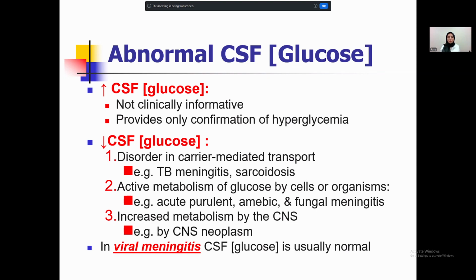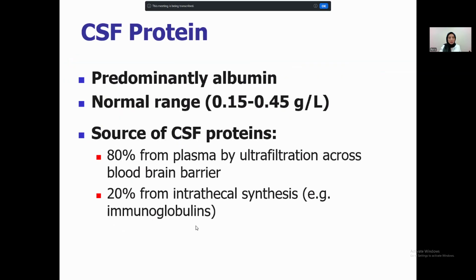All of them will have low glucose, while viral will be normal. This is part of how to differentiate between viral and other types of meningitis. So this is regarding the glucose.